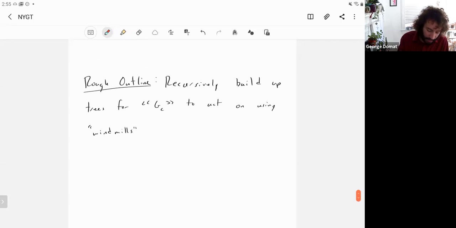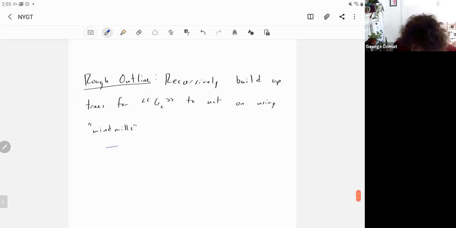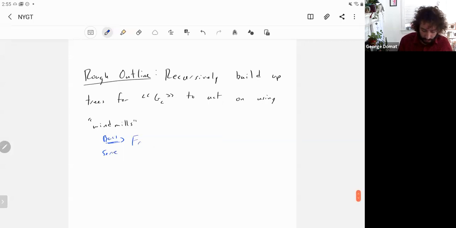So the question is, there's this way to build up this object using windmills. Oh, sorry, let me say first: once we're there, if we can recursively build up these trees, then we just apply this Bassar theorem from the beginning to get the free product structure. So here you can really see that it's in some sense a generalization of the Bassar theorem.